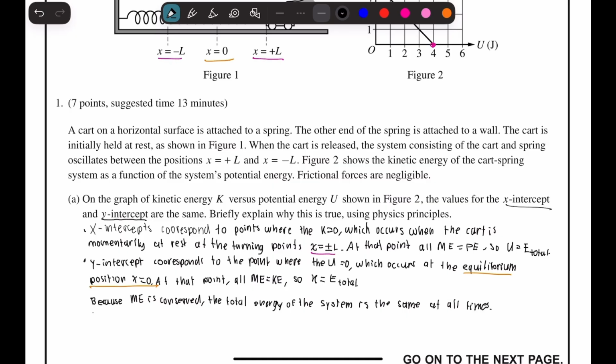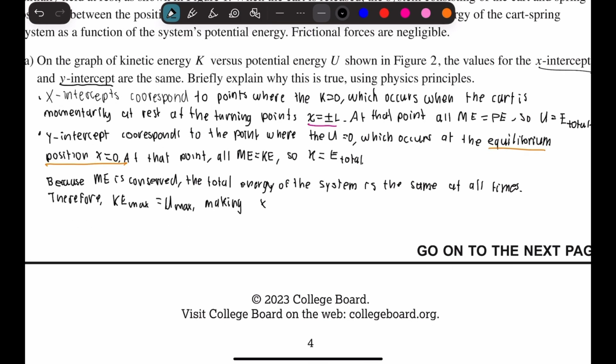Therefore, K max must equal the maximum potential energy, making the x-intercept equal to the y-intercept.